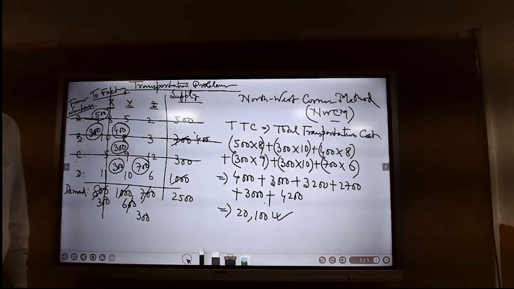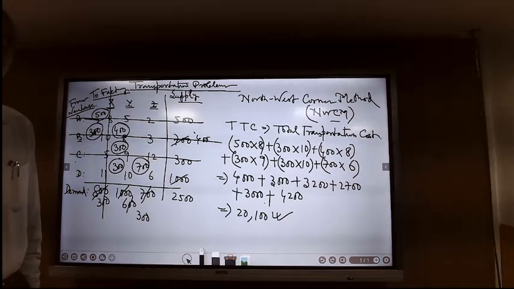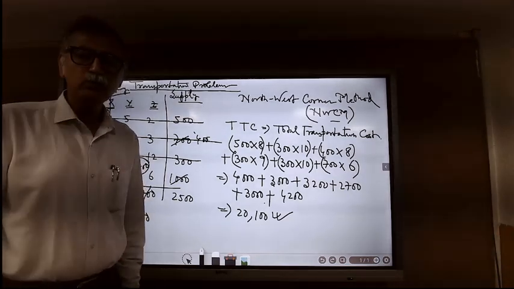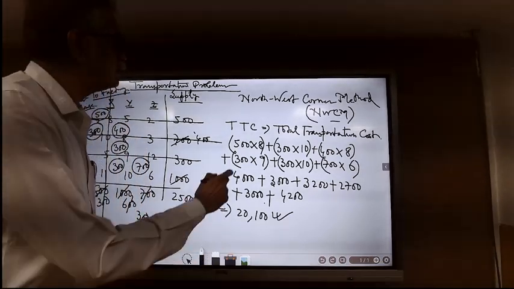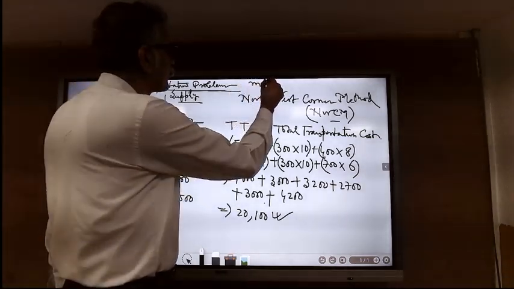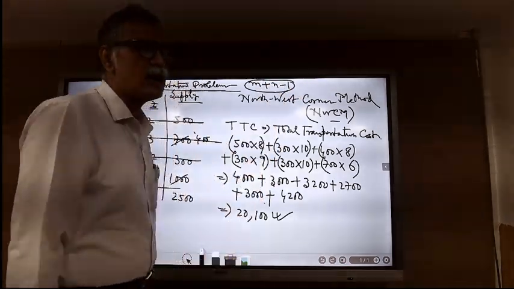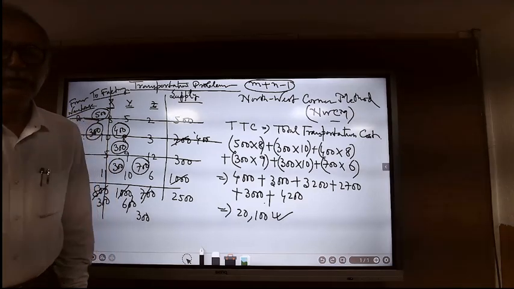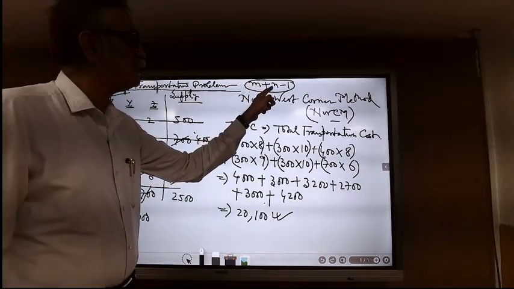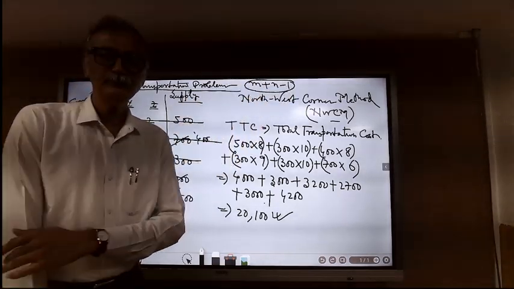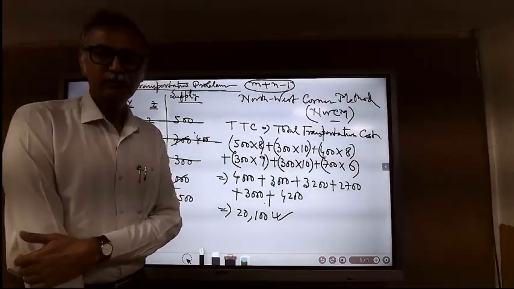So if the number of allocations is greater than or equal to m plus n minus 1, then the solution is non-degenerate.